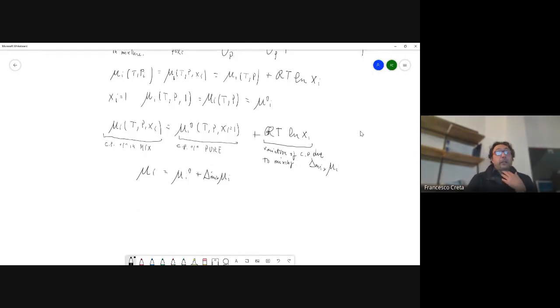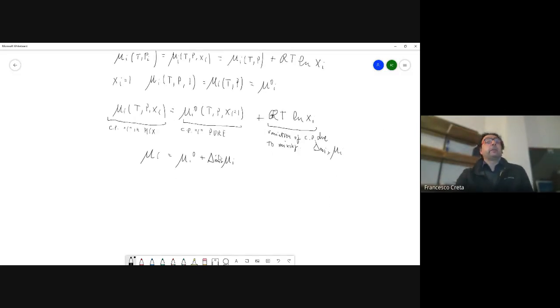So clearly, mixing changes the chemical potential, okay? I will prove again that it doesn't change the partial molar volume. We just saw that. So the mixing volume is 0, which, as I'll say later on, is not true for some liquids, for example, but it is true for perfect gases.